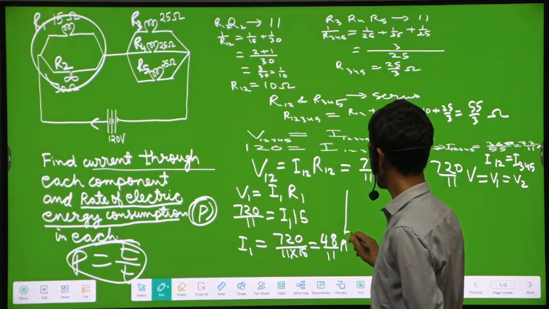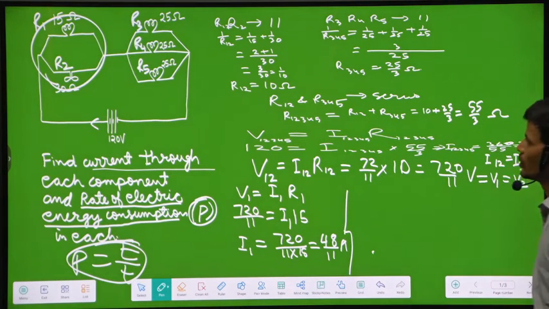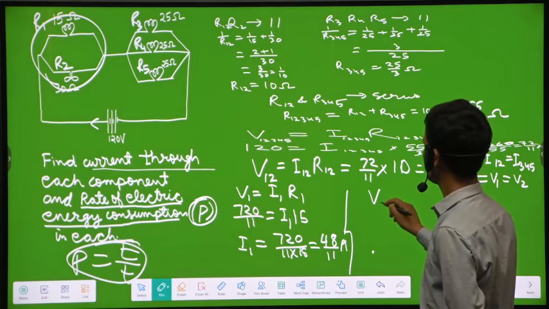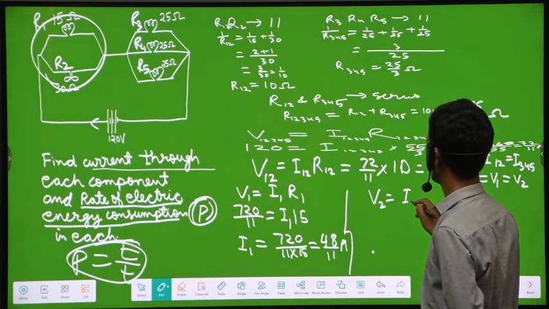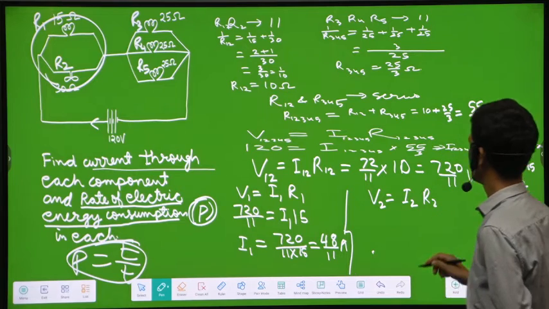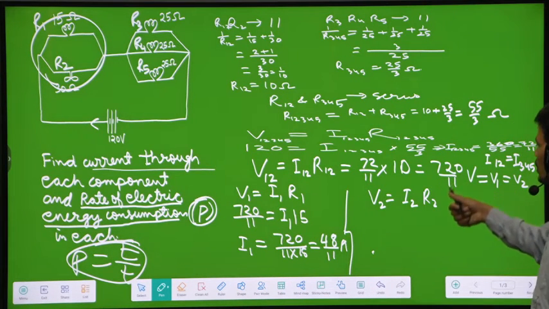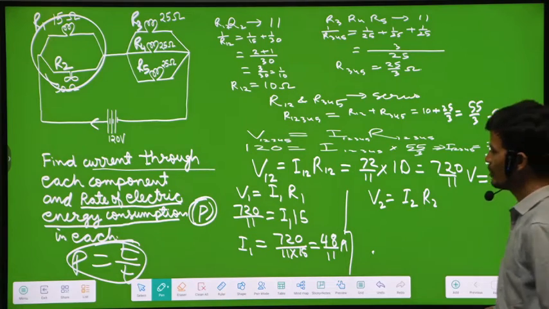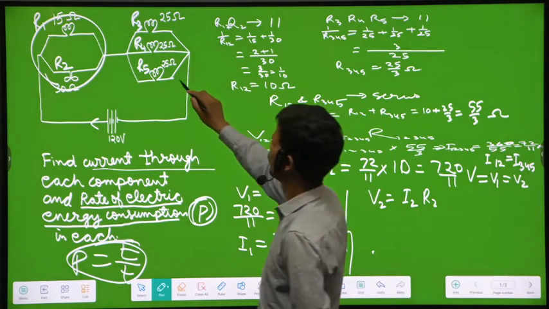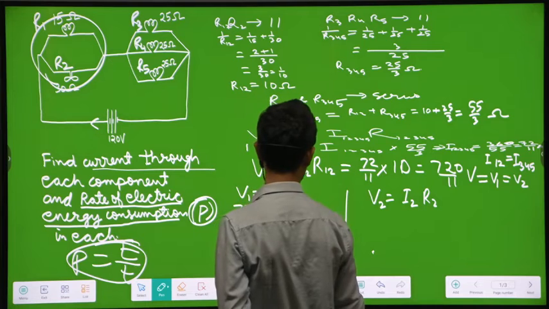This much current is flowing through the first. So V2 you can find on your own, I2 R2. V2 is again this, R2 you can find. And the same thing we can do for this part.